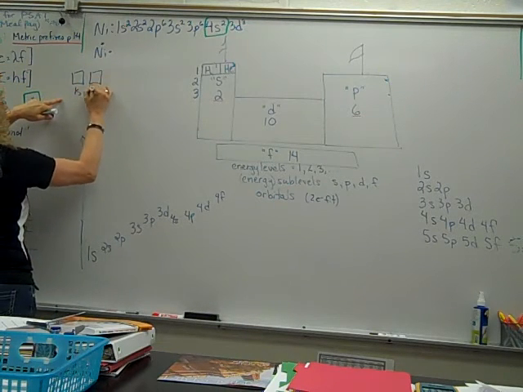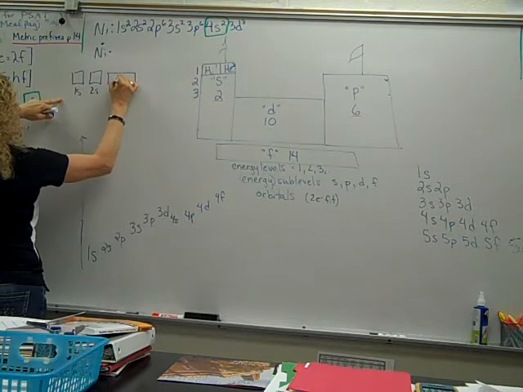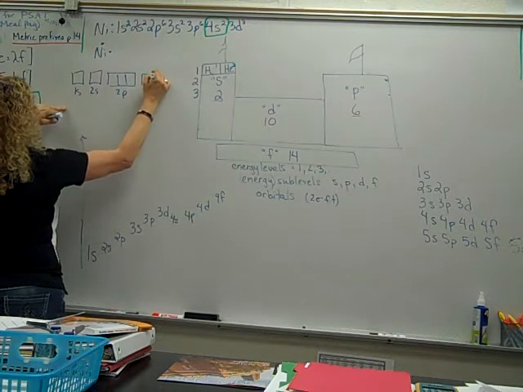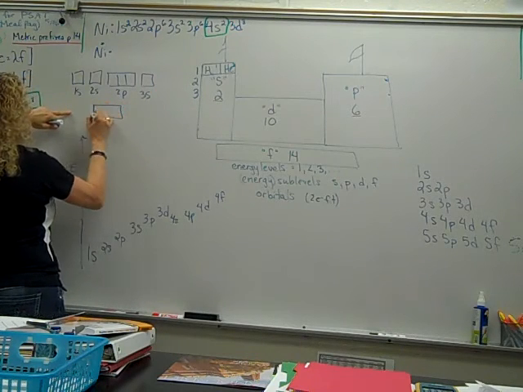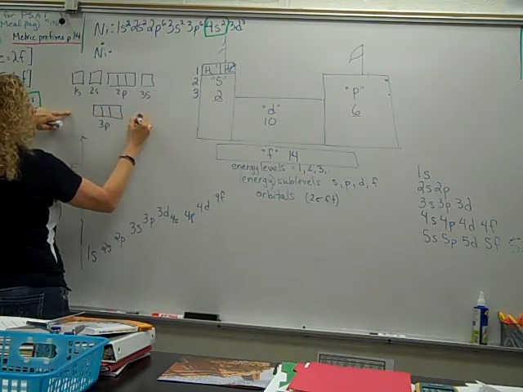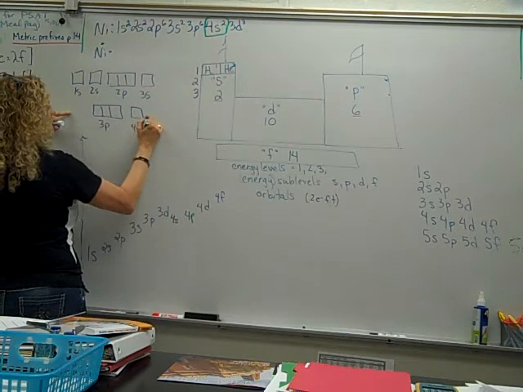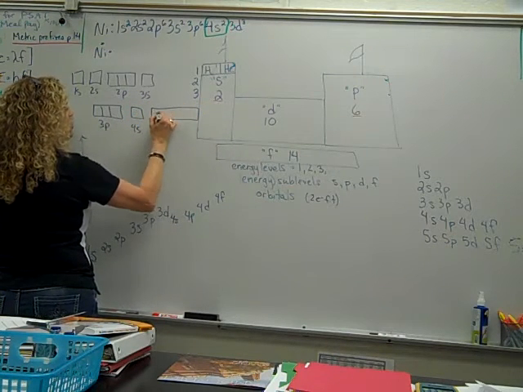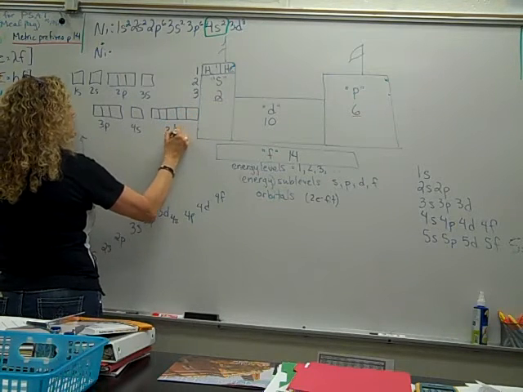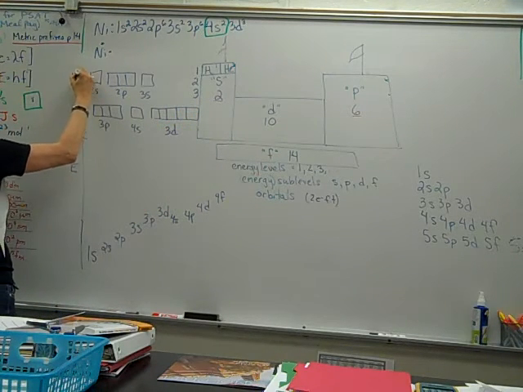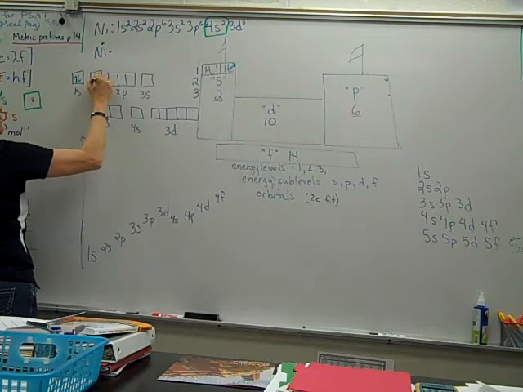So here, we've got the 1s, the 2s, the 2p, the 3s, the 3p, the 4s, and then we have the 3d, which is going to have 1, 2, 3, 4, 5 orbitals in it. So here, we'll have up and down. Here's 1, 2. Here's 1, 2.